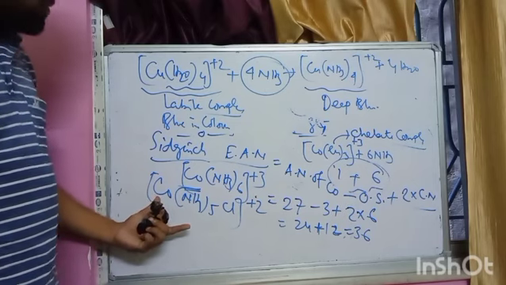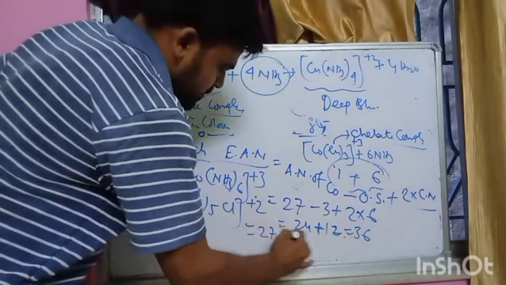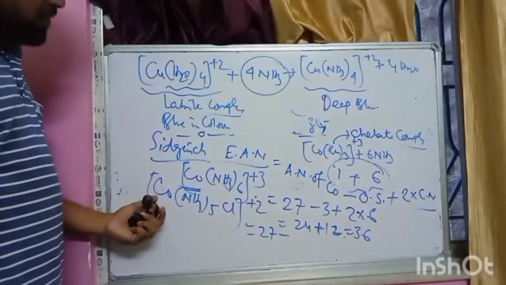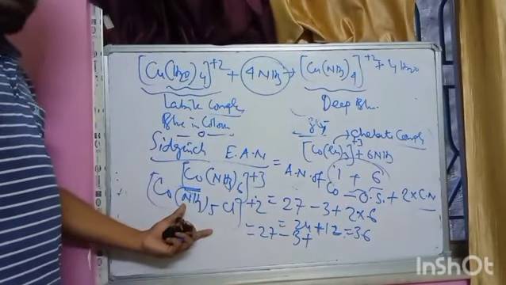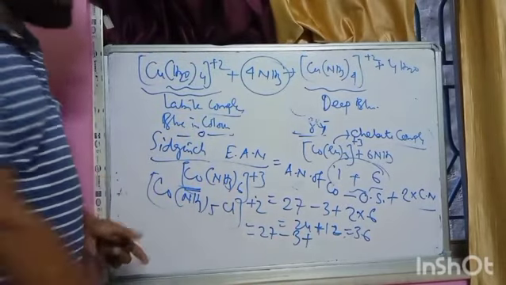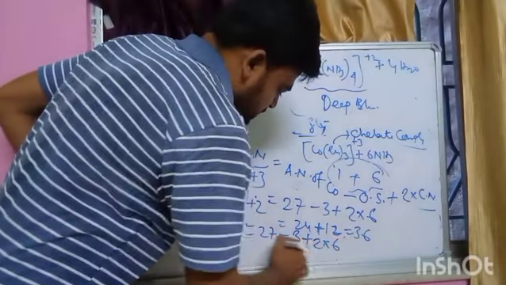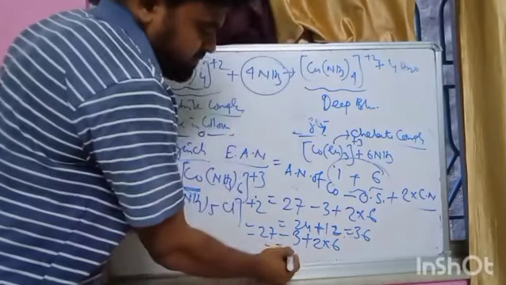The central metal ion is cobalt, 27, minus its oxidation state 3, plus the total ligands, 5 NH3 and 1 Cl, that is 6. 2 into 6, so again it is 36.